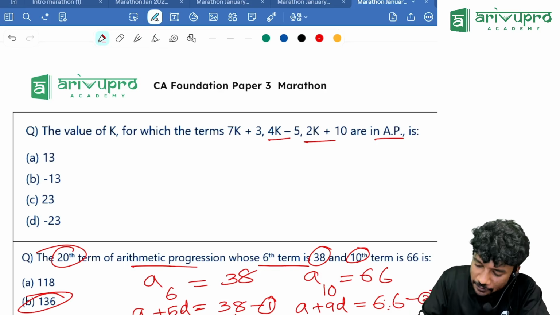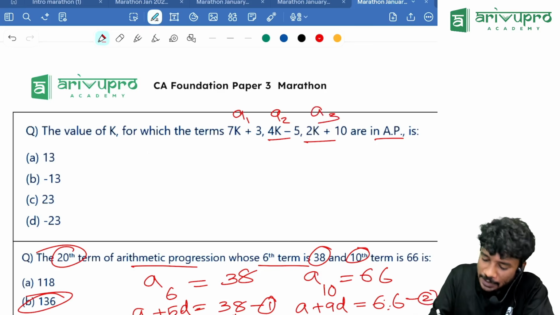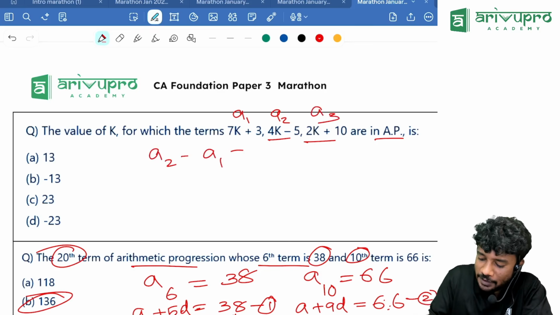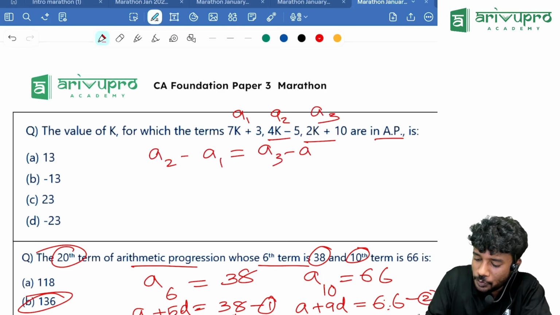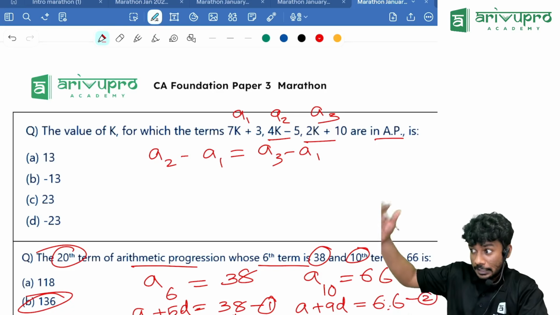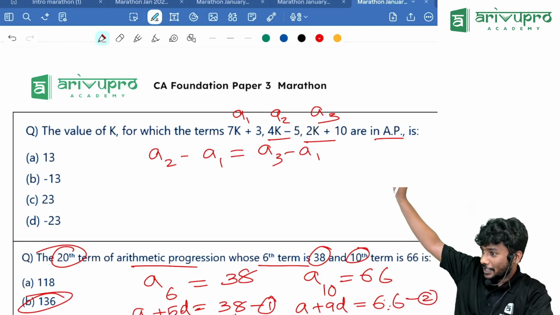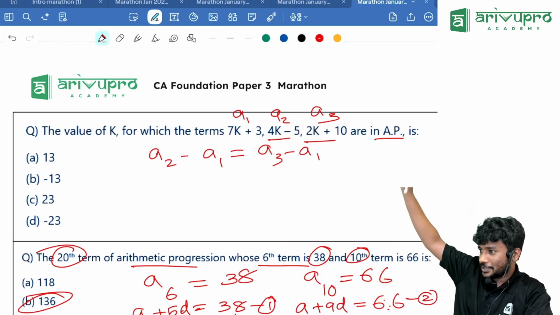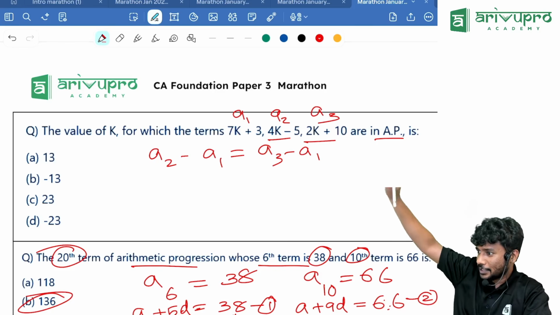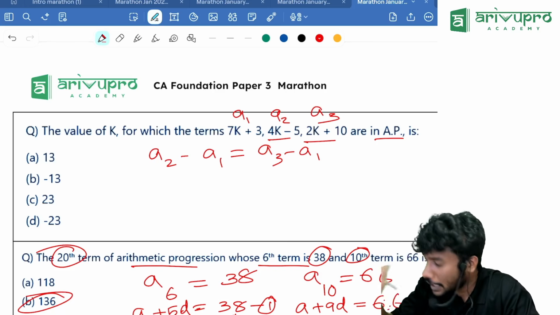That means if this is the first term, this is the second term, this is the third term, can I say that A2 minus A1 is equal to A3 minus A2? Yes. If terms are in AP, second term minus first term is equal to third term minus second term is equal to fourth term minus third term. Why? Common differences are equal.